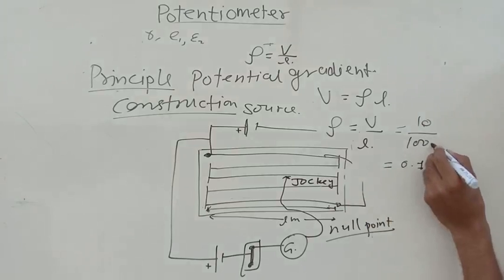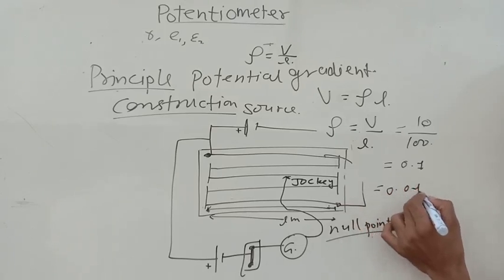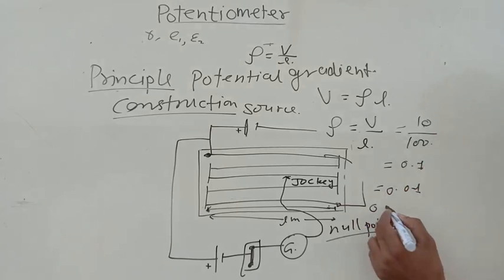Now if L is 1000, the potential gradient is 0.01. If it is 10,000 millimeter, then this is 0.001.